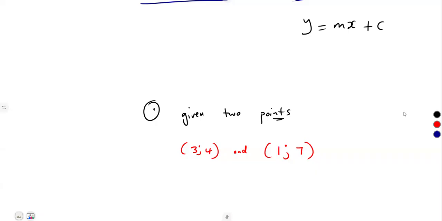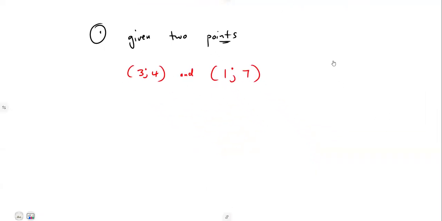So what you can actually do is to determine the gradient from these points. And once you have that gradient, you use it now in determining the equation of the line, which can be expressed in different ways. So first thing here, calculate gradient.